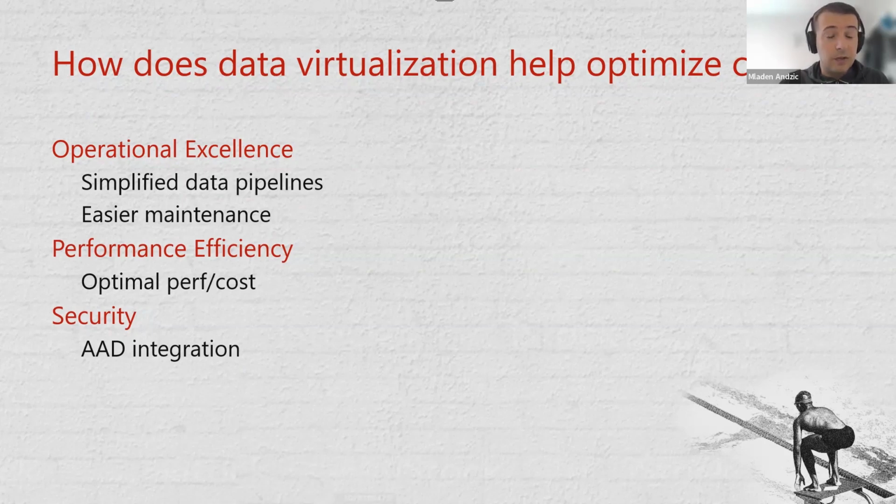Regarding the performance efficiency, back to Niko's point, it's not about having the best performance, it's about having the best bang for the buck. So here you can hit the right balance between performance and cost.